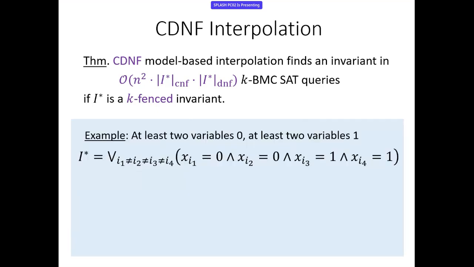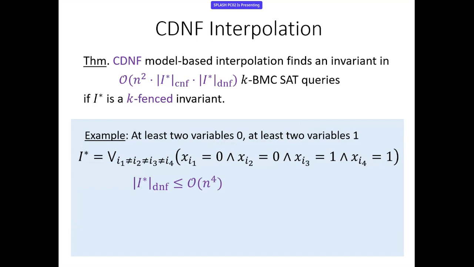So for example, the same formula from before, saying that at least two variables are 0 and at least two variables are 1, if we write it this way as a disjunction, saying we choose 4 variables that satisfy what we need, then this shows that this target invariant has DNF size polynomial in the number of variables.